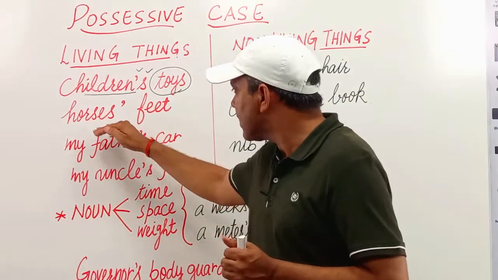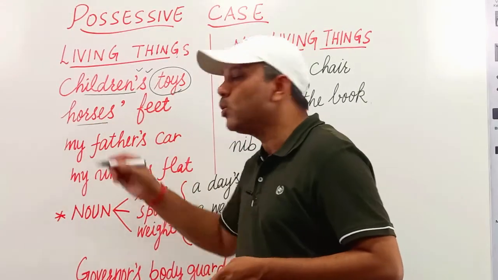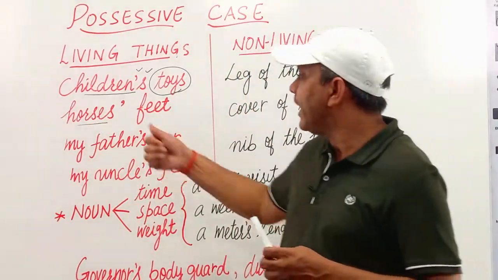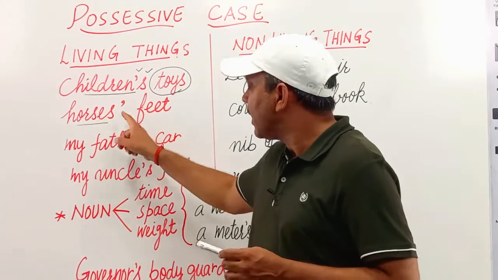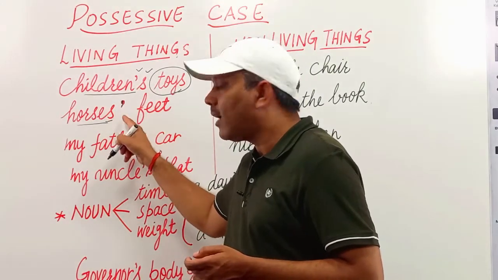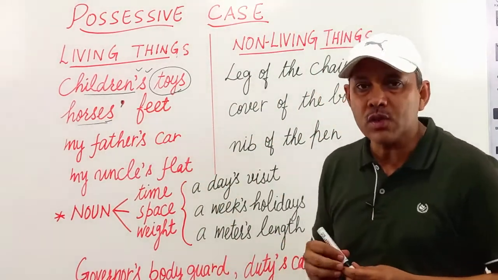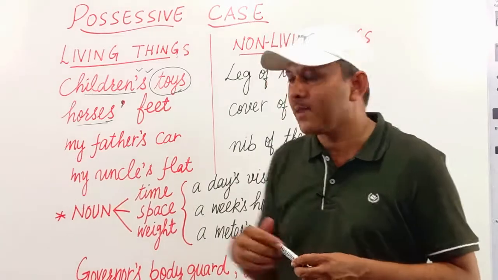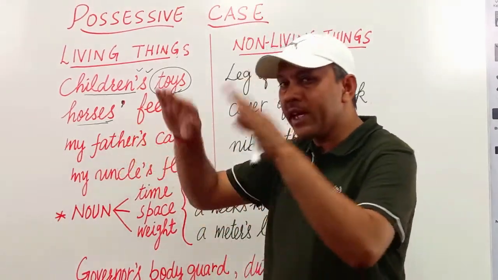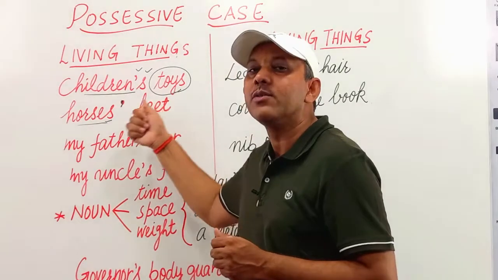Next is horses' feet. Here this horses is a plural noun and a living thing, and it ends in s, so we put apostrophe after horses. Horses' feet. Count horses' feet. It means so many horses are there and we have to count their feet.